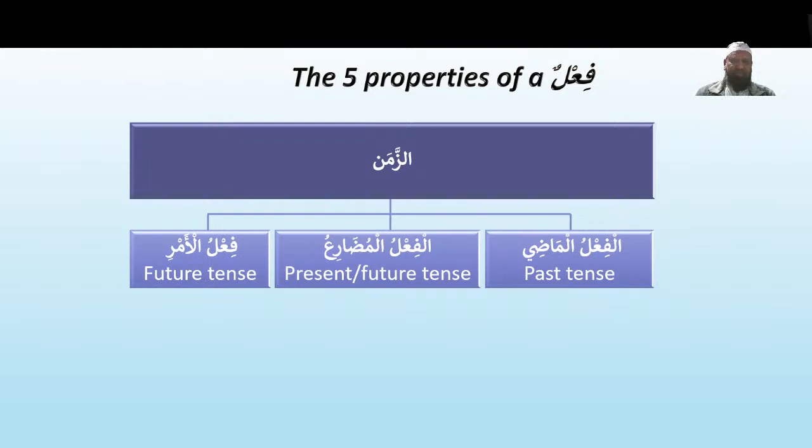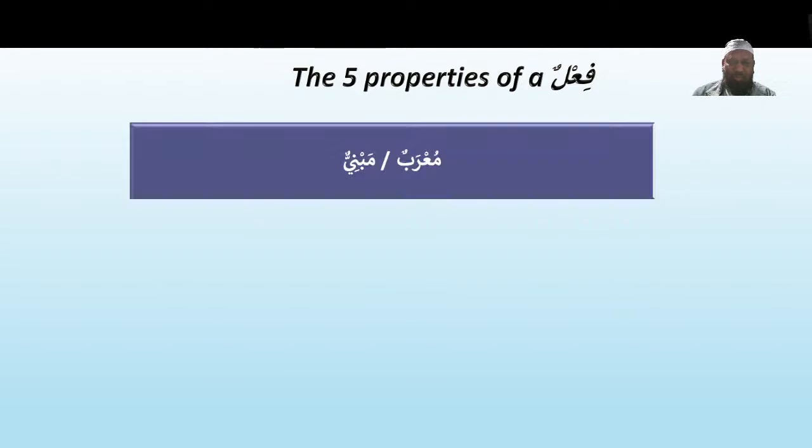We have 3 az-zaman, the 3 types of tense. Number 1, fi'l al-madi, past tense; al-fi'l al-mudari'u, present and future tense; and fi'l al-amri, only for future tense, which is command. Now, some fi'ls are mu'rabun, or some fi'ls are mabniyun.